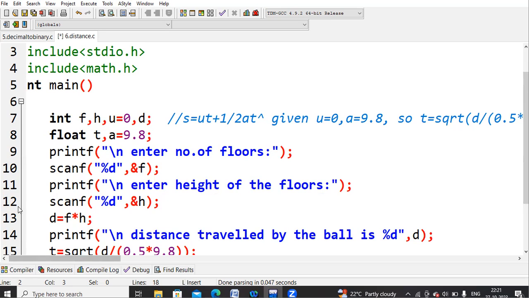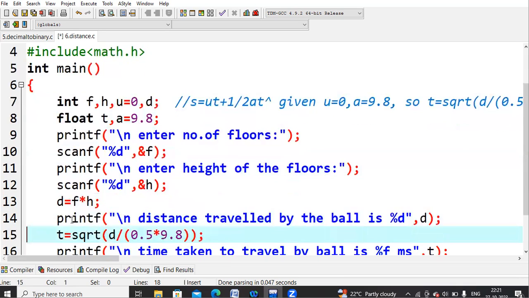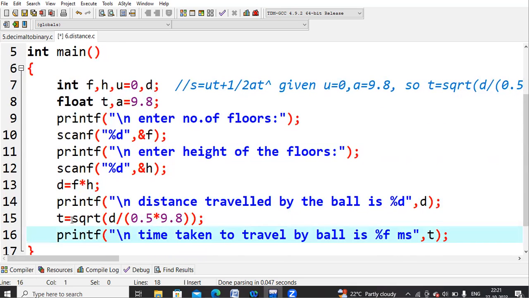Next, first we need to find the total distance. The total distance is the number of floors into each floor height, so that you get the value of d, right? Then we want to find the distance traveled by the ball, which is the number of floors into the height, so I am just printing that value.